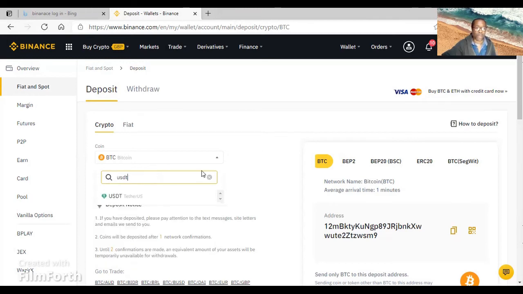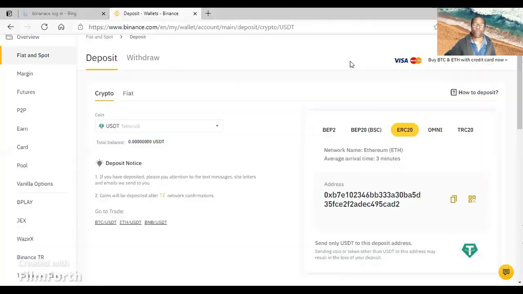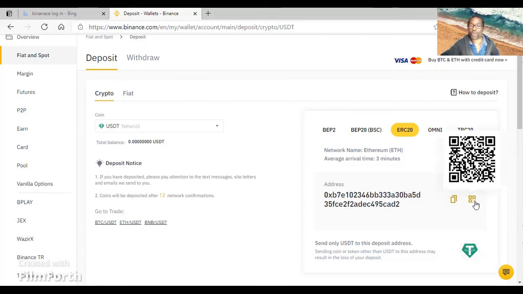Okay, you can see it. This is USDT, and this is the address, my USDT address at Binance. So you can copy it. You see here, copy, or you can use scan.